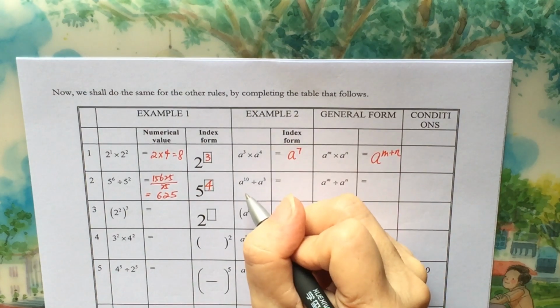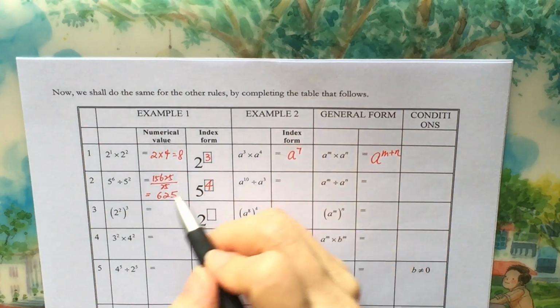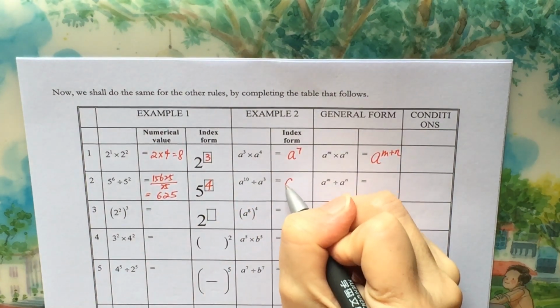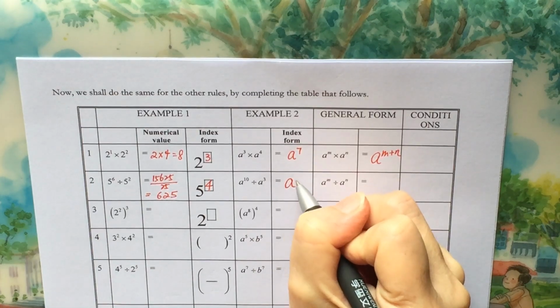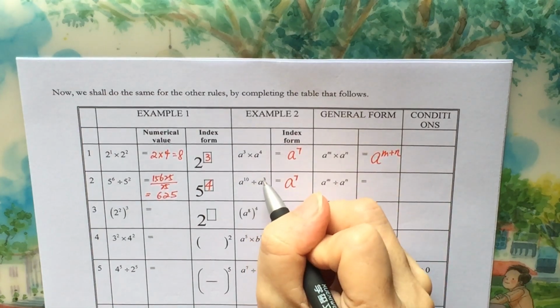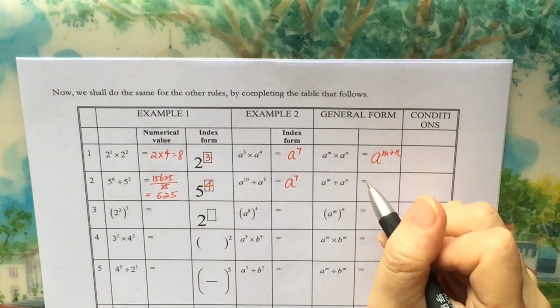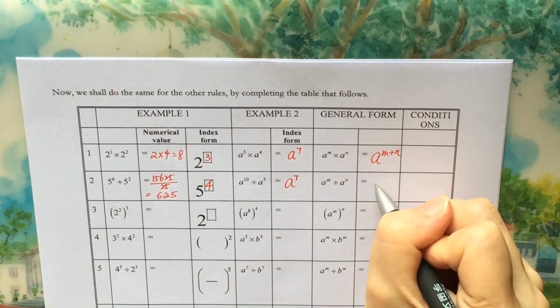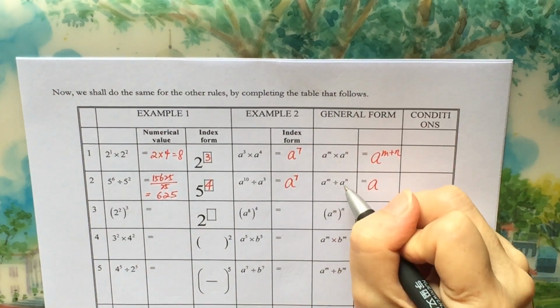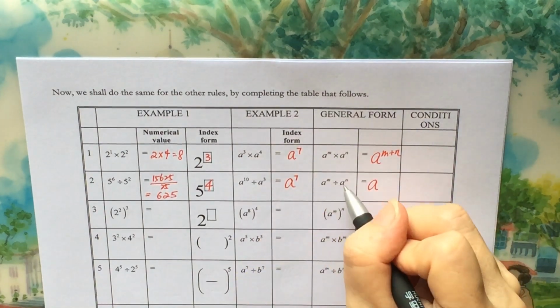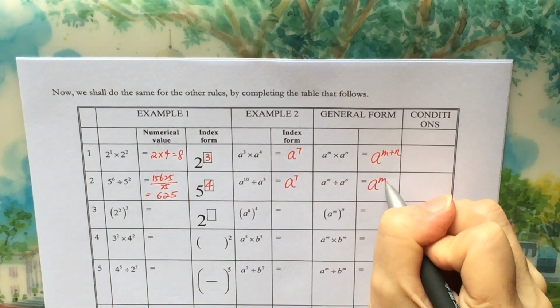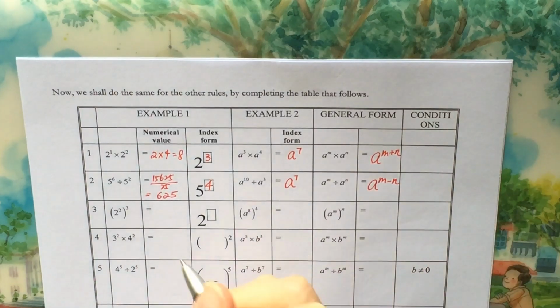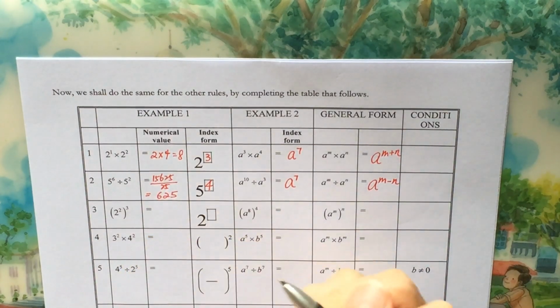So if we change the base to a instead of 5, we have a to the power of 7. Why 7? Because 10 minus 3. So if we divide, in general, not numbers but m and n, we will use m minus n.